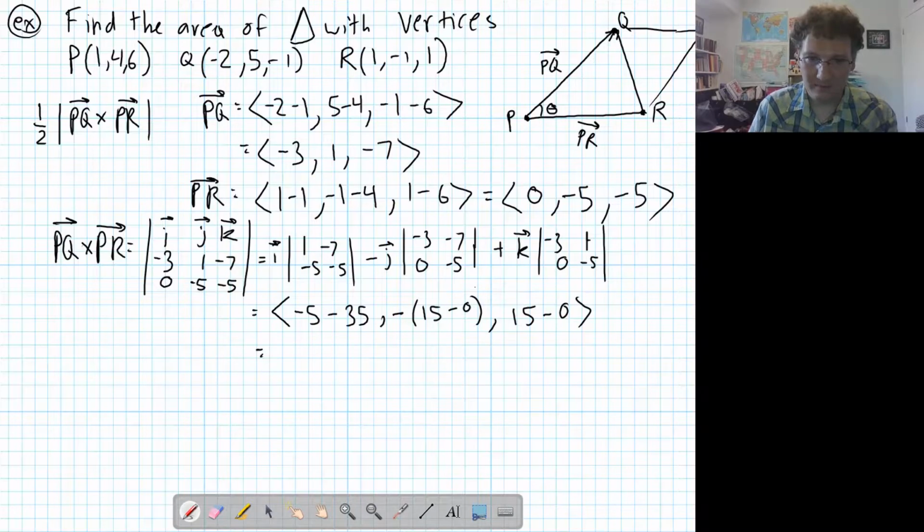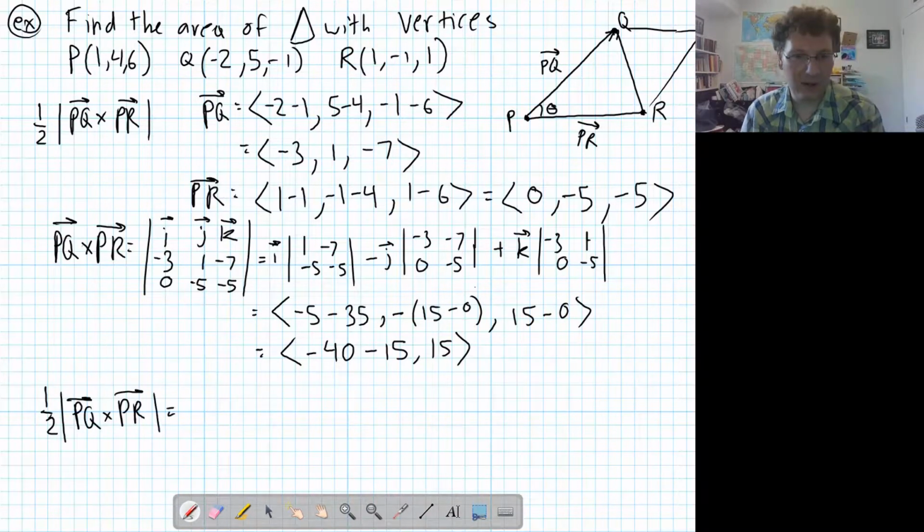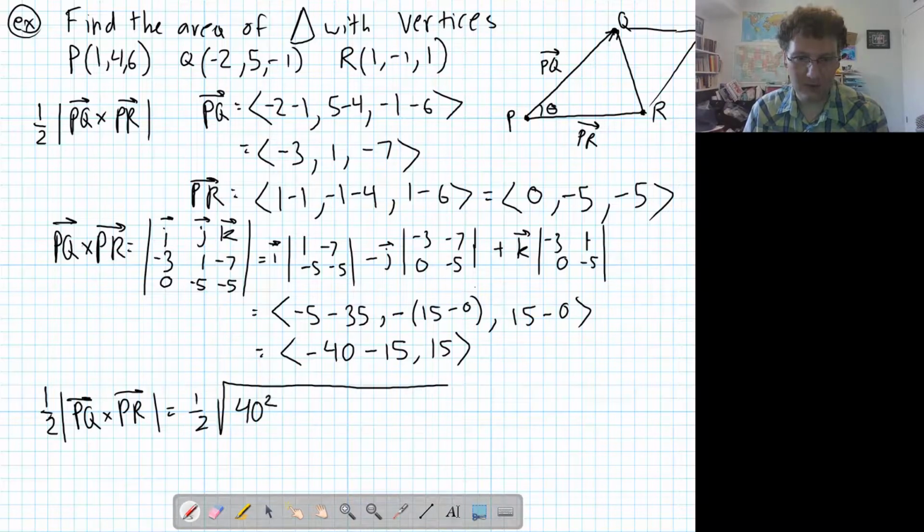This is (-40, -15, 15). And so our answer, 1/2 times the magnitude of PQ cross PR, is 1/2 times the square root of 40 squared plus 15 squared plus 15 squared.